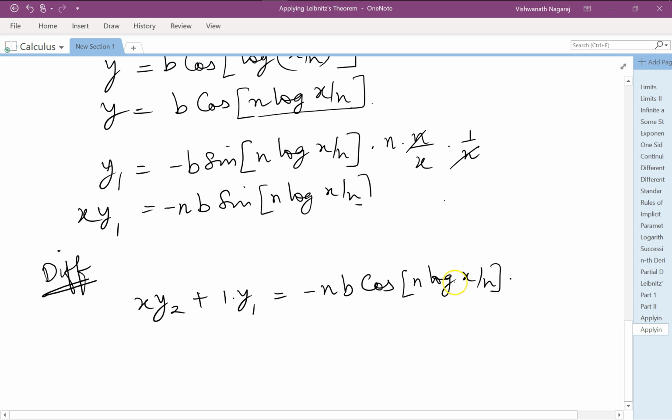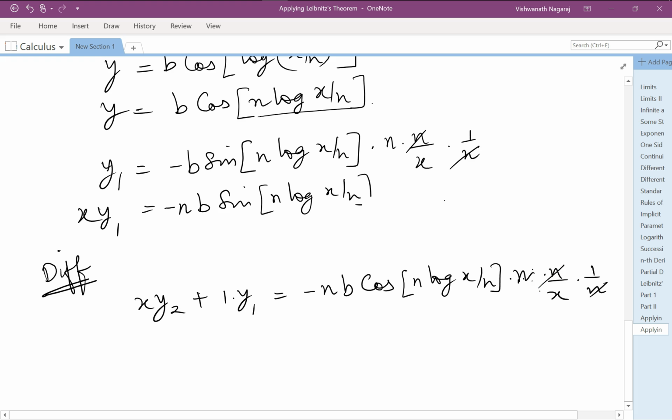times, now we take the differential of n log x by n. n log x by n would be n times n by x, and then the differential of x by n. x by n is 1 by n.